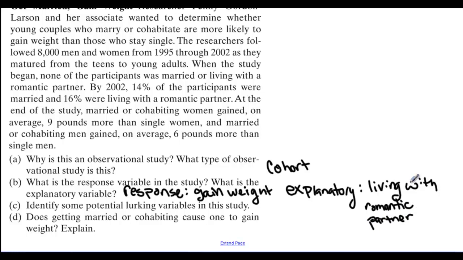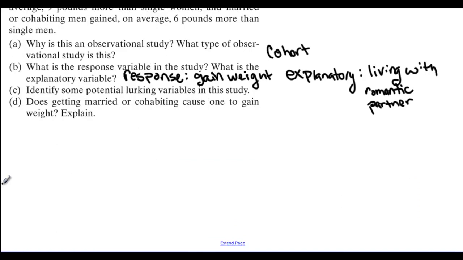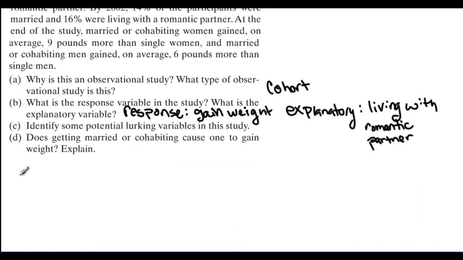And then for C, identify some potential lurking variables in this study. Well, it could be that the people who were living together had more bills. So maybe the people, both parties in that couple were working more or had higher stress lives.